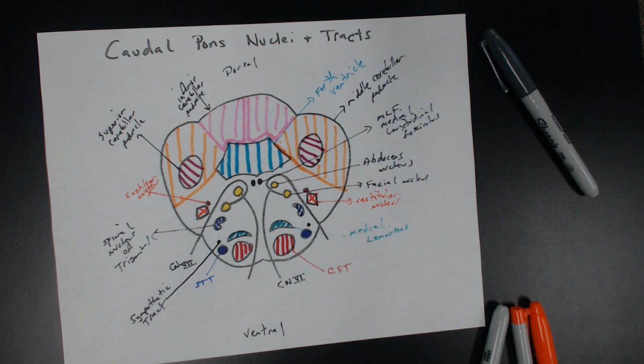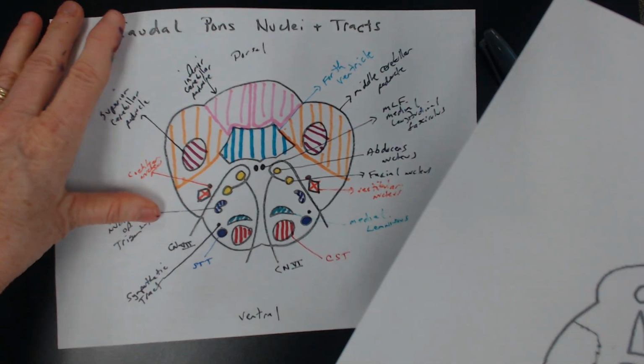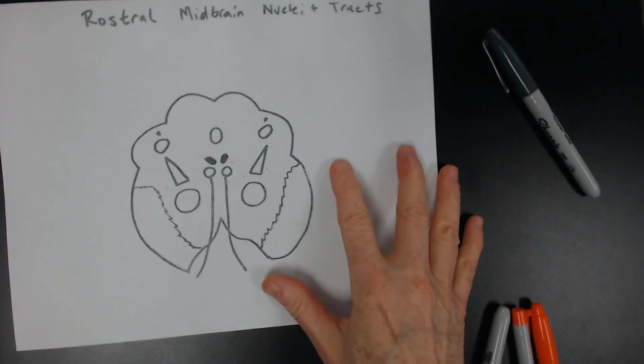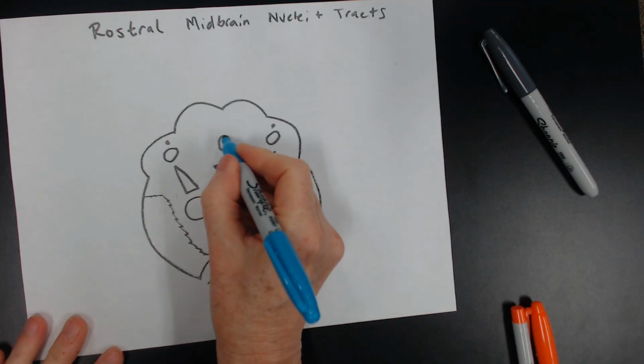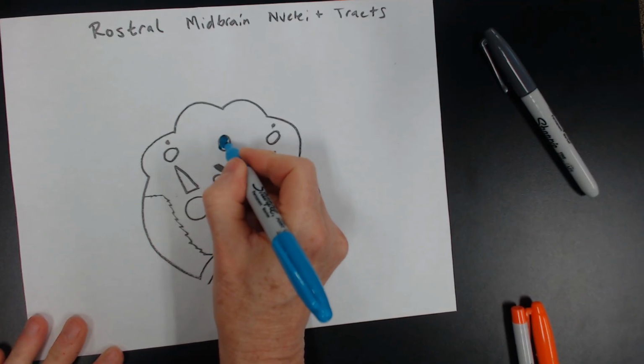The easiest one is going to be your rostral midbrain. There it is, rostral midbrain. Nuclei and tracts. My favorite portion of the ventricular system is right here.